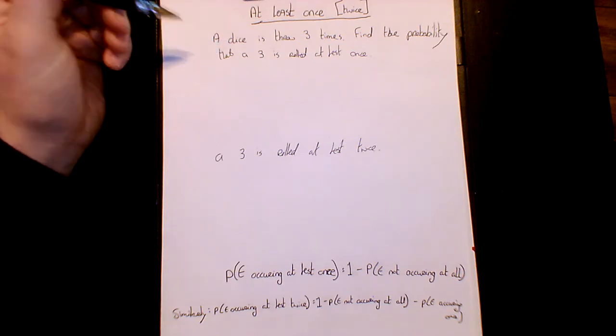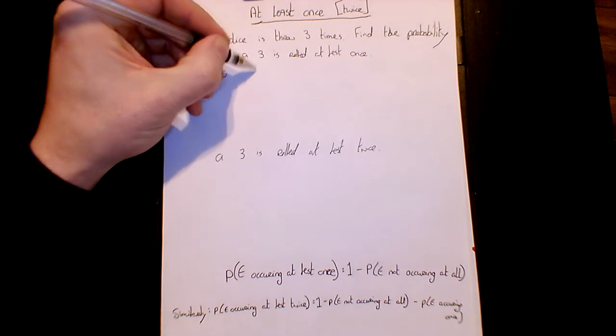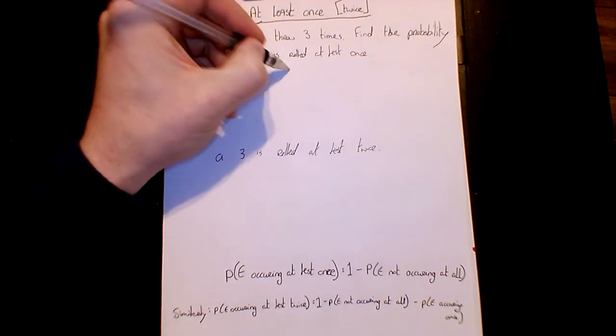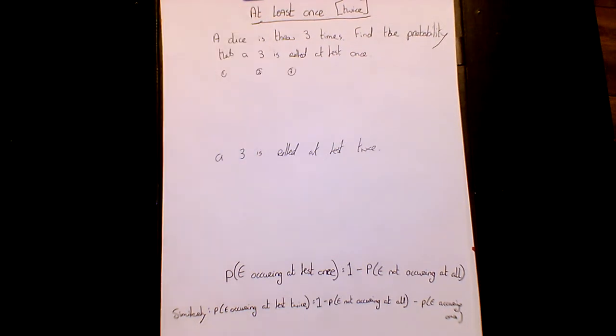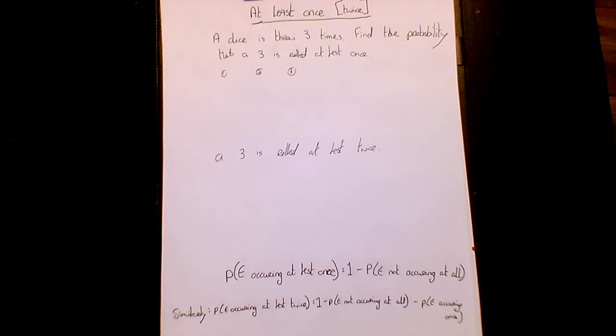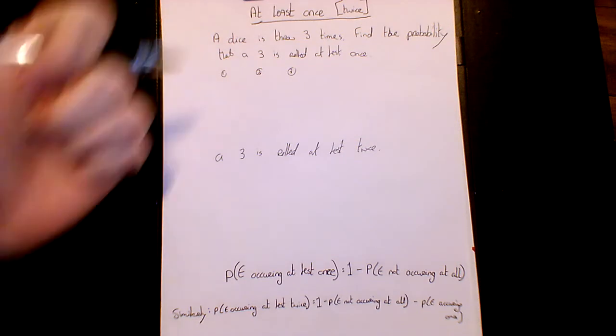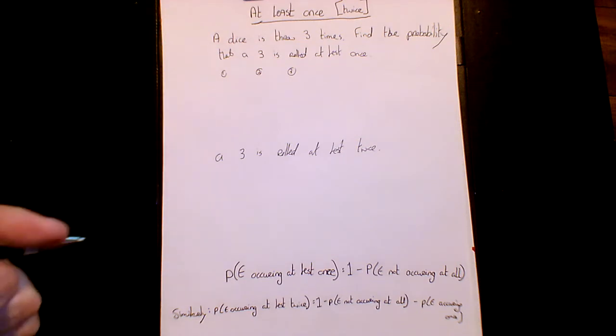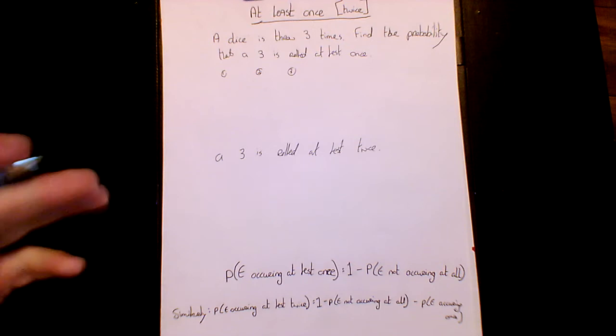So a dice is thrown 3 times. So first time, second time, third time. Find the probability that a 3 is rolled at least once. So a 3 can be rolled at least once. That means a 3 can be rolled once, or twice, or 3 times. I don't mind.